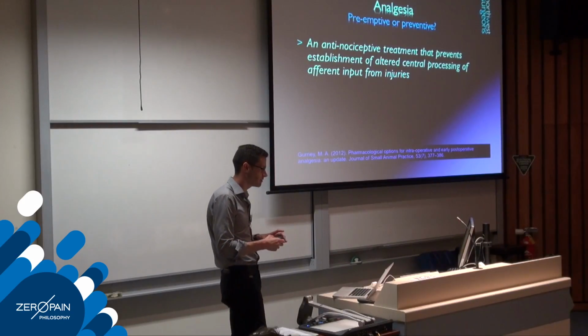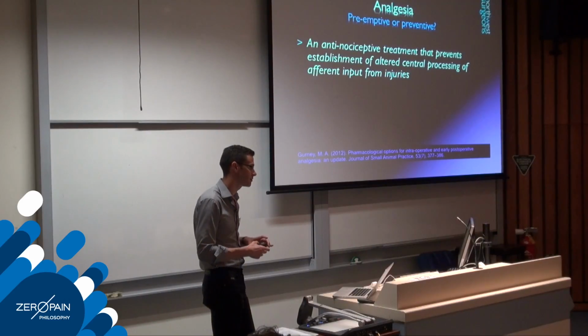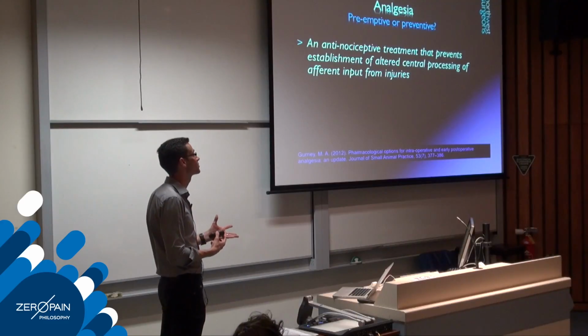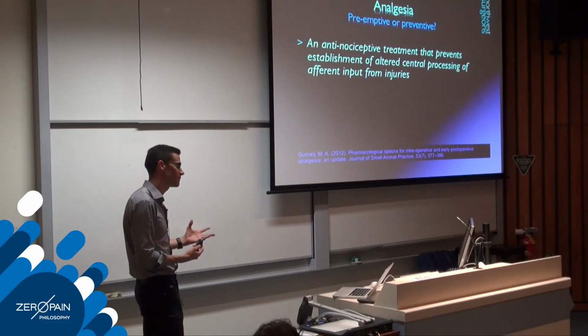I'm sure you've heard the term preemptive analgesia, which basically means providing analgesia before the onset of the noxious stimulus. And we're all very familiar with that, which is why we include analgesics in our pre-med. They're the main component of our pre-med. There's this new term, preventive analgesia, and that definition is an anti-nociceptive treatment that prevents establishment of altered central processing of afferent input from injuries.